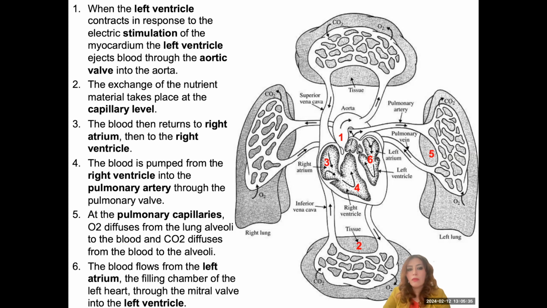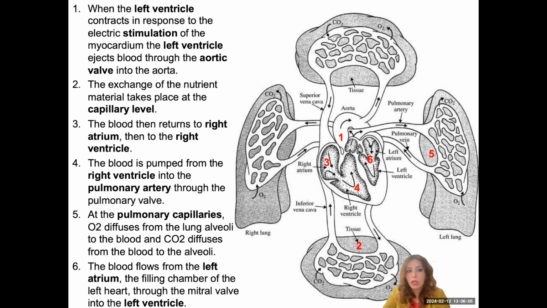Look at that, please. We have red numbers on the right figure. When the left ventricle contracts in response to the electric stimulation of the myocardium, it ejects blood through the aortic valve into the aorta. The exchange of nutrient material takes place at the capillary level in the second part. In the third, the blood then returns to the right atrium, then the right ventricle.